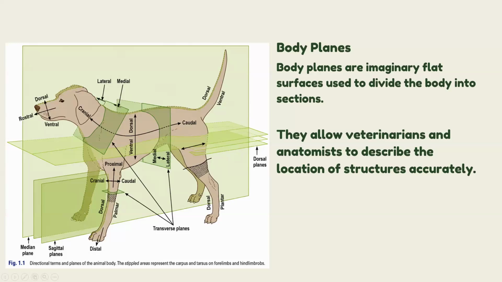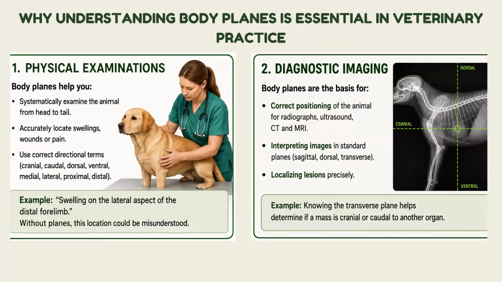Because when you hear the word lateral, lateral means away from the median plane. It's moving away from the median plane. Now, all this would not make sense if I don't define the word median plane. I will go into it properly, but I need you to understand why we are studying body planes and why it's essential.